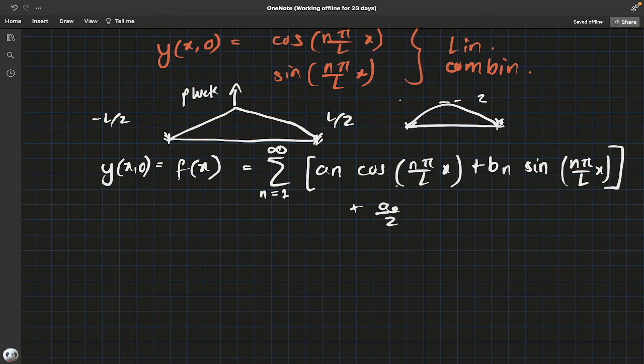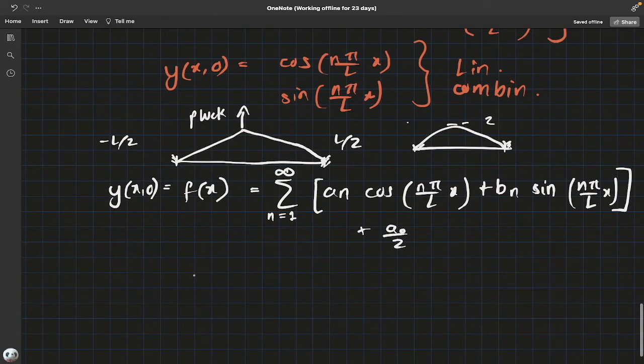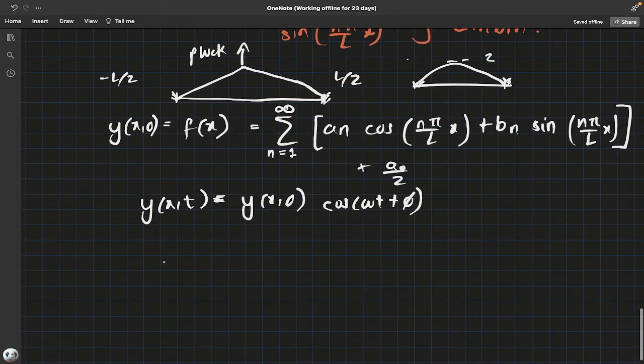Once we figure out these weighting factors, no matter what pluck you give me, I can always find them, assuming we can find a good method. Just multiply by the time part, like this, and then you're done. That's your solution for this wave problem, this string oscillation problem.